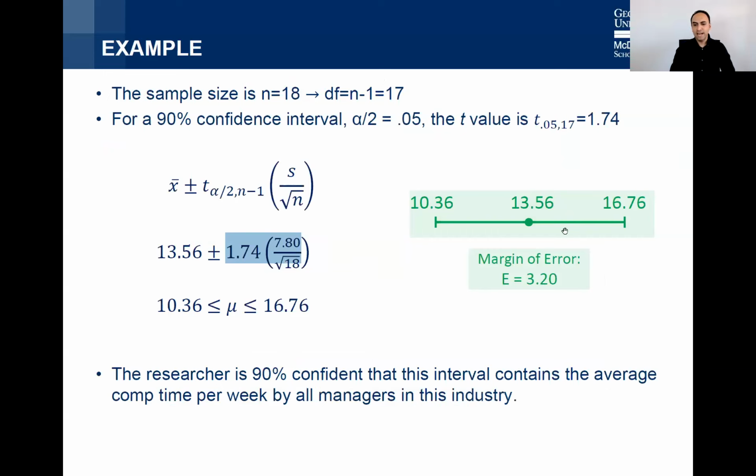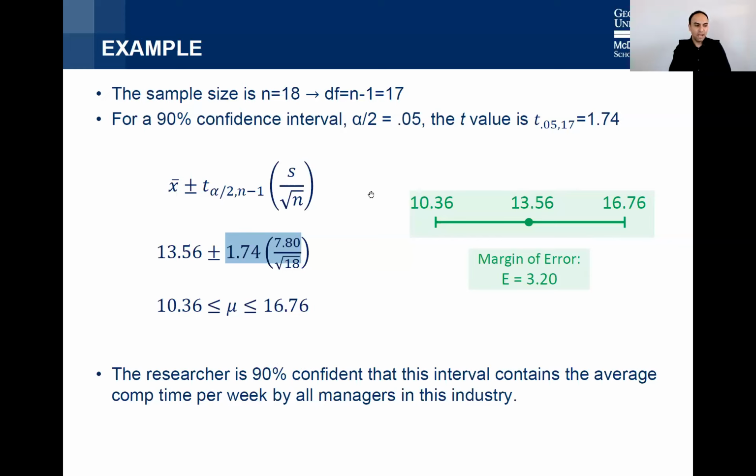Let me pause there and ask you a question. And again, this is my presentation. There is no right or wrong or bonus points or any of those. It's a conceptual question and I haven't discussed it yet. I'm curious, what if I would have built a 99% confidence interval instead of 90%?